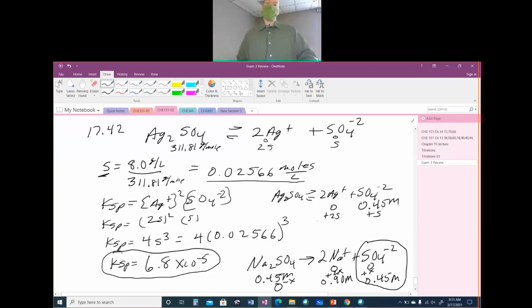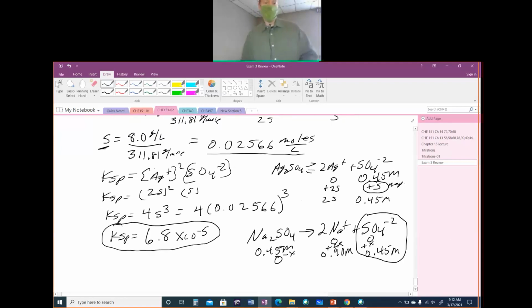All right, and so these are insoluble salts. S values are small. And so anytime you have a number plus or minus an S, you are going to neglect that. And then we have our 2S at equilibrium, and we have our 0.45 at equilibrium. So then we plug it in to our Ksp expression.